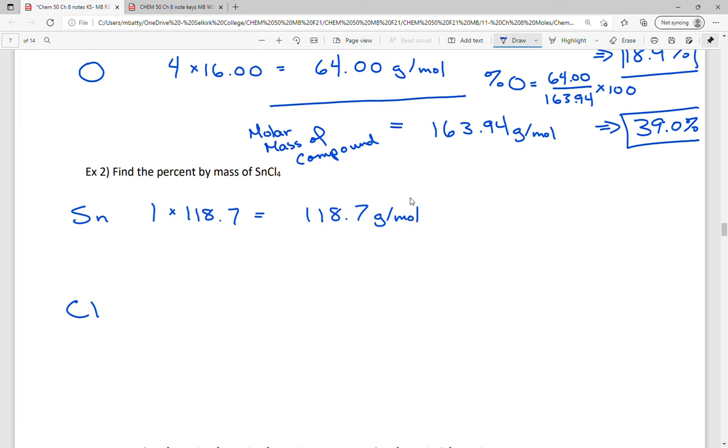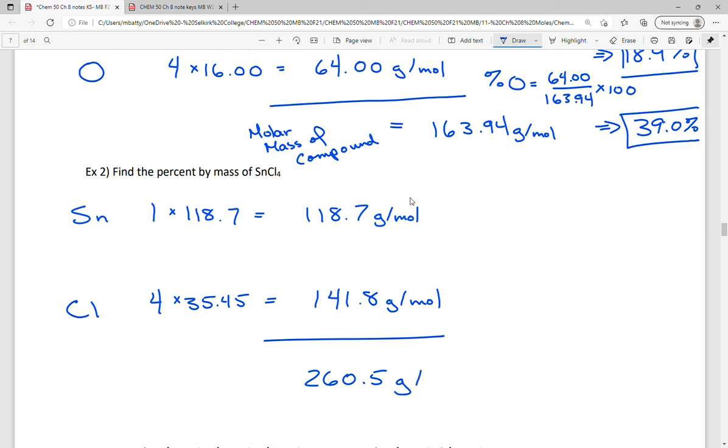So this fixed ratio idea we're developing even further. We've got 4 parts of chlorine, each one at 35.45 grams per mole, so a total of 141.8 grams per mole. If I was doing the molar mass of the compound, that's a total of 260.5 grams per mole.